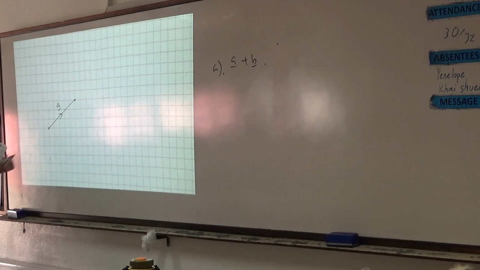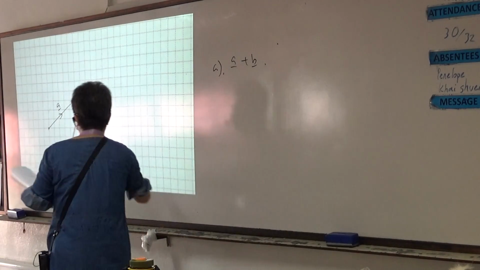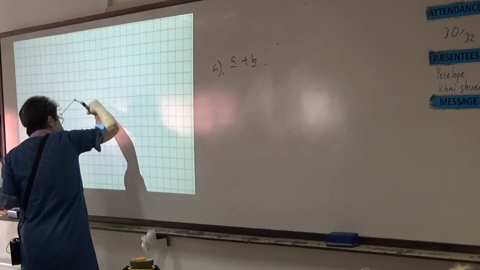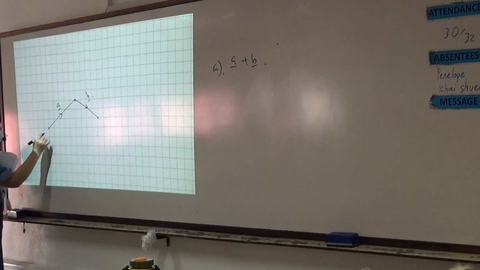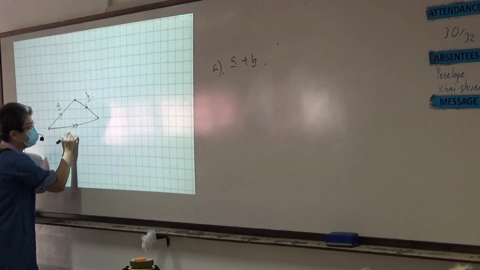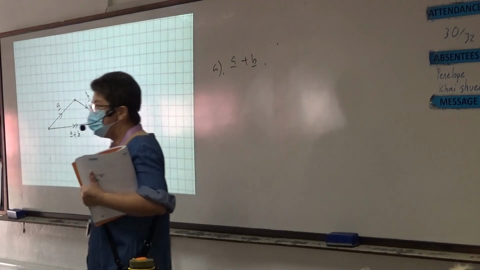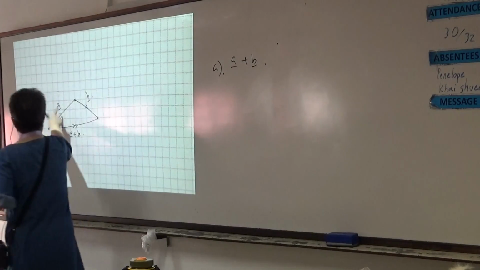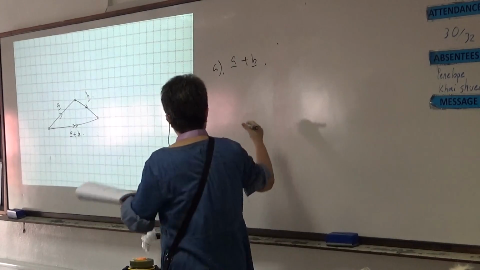Because it's plus, my B must start from here, correct? Let's take a look at B. So my B must be like this, correct? Therefore, my resultant will be like this, A plus B. Can you check whether you have got this correct? You have to do it like that. Because it's plus, it must be continuous. Everybody okay?